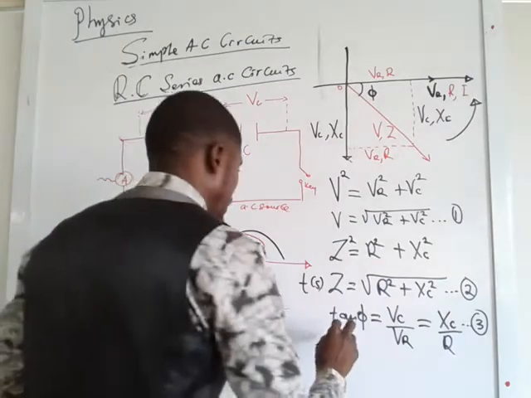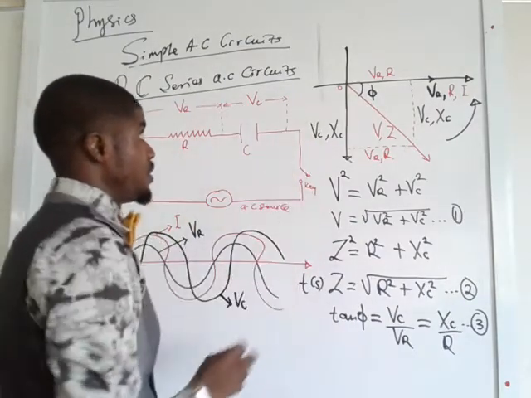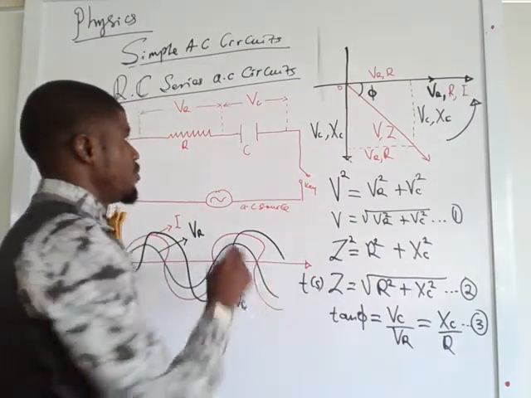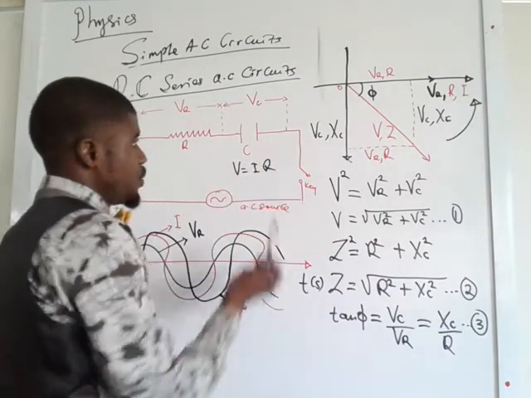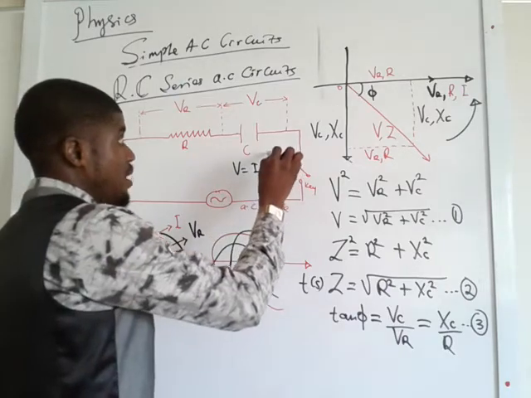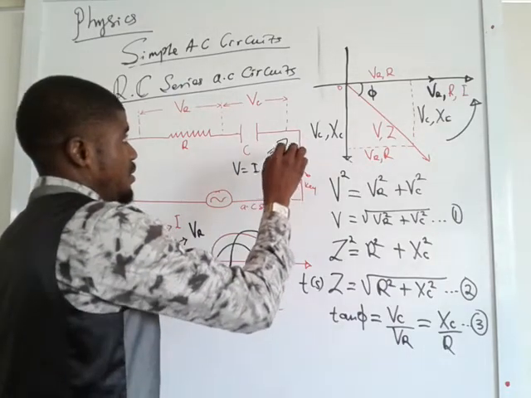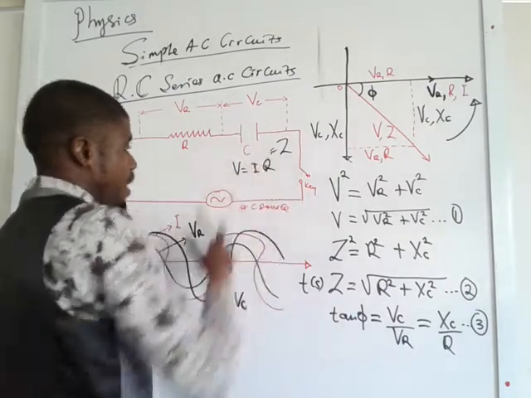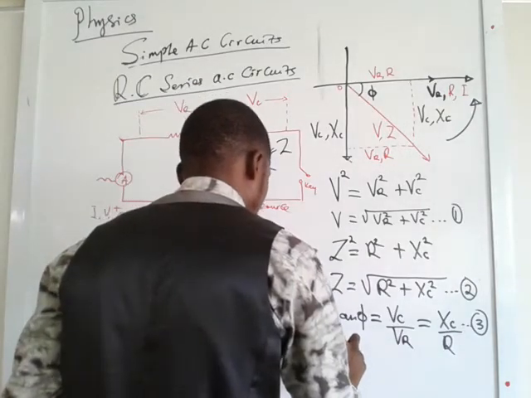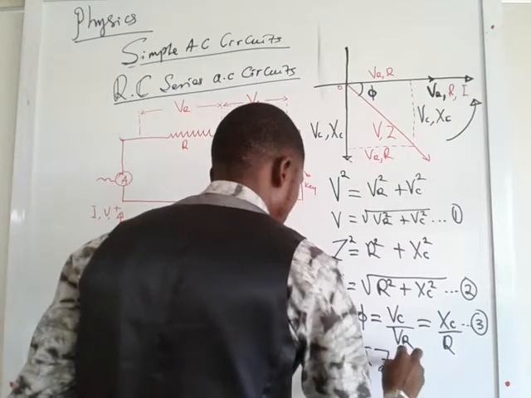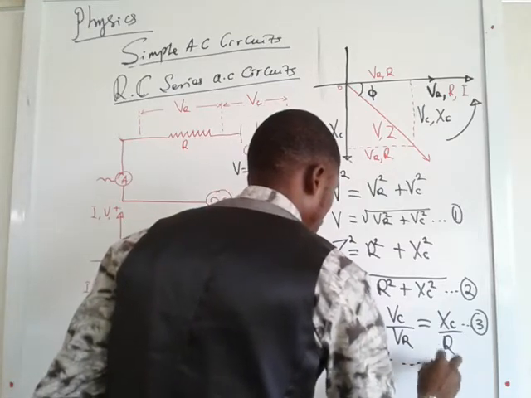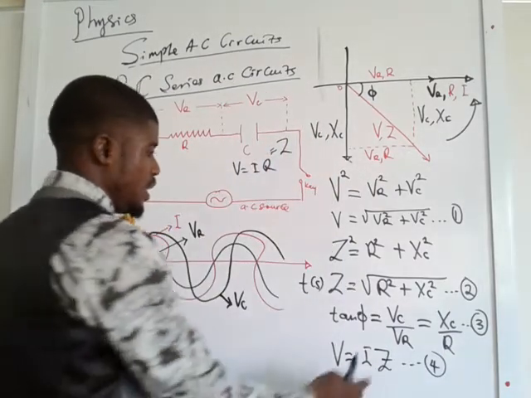Then the next thing is the entire current in the circuit. Recall from Ohm's law, V equals IR. So our R is behaving like Z. Our R will be replaced by Z. So we write that V equals IZ. We call it equation number 4, where Z is the impedance and I is the current.